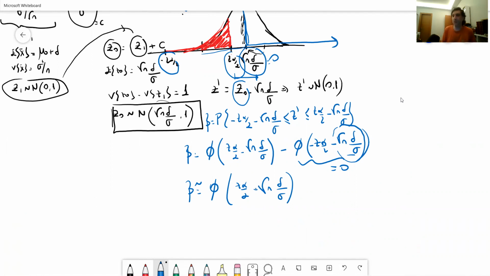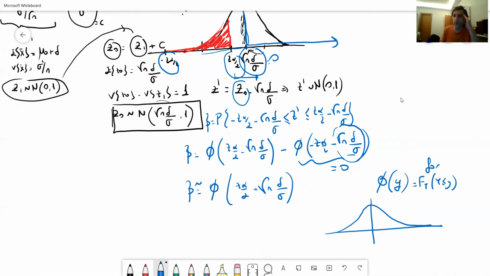By using this expression, you can easily find the type 2 error, but there is more to that. Note that this is the cumulative distribution function value. Now forget about all these type 1, type 2 errors. Think about it like this: we have the cumulative distribution of, let's say, y. It means we have a standard normal distribution here, right? This means the probability that y is smaller than a given value, for y normally distributed.